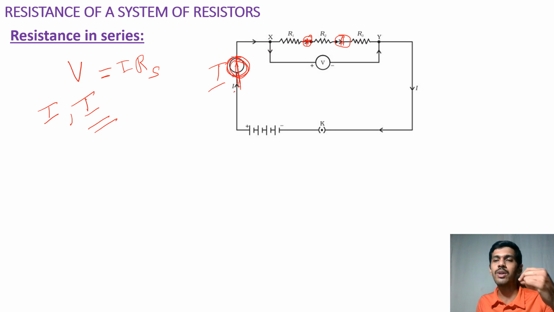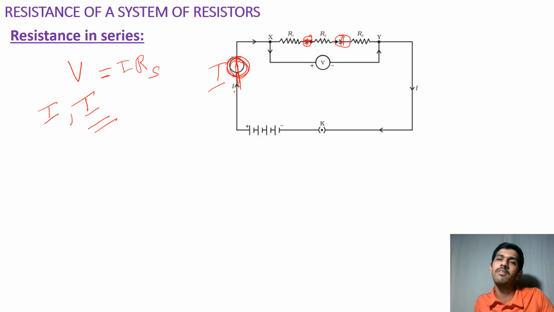What we can conclude is that even if I keep the ammeter anywhere, I will get the value of current, that is I only. Whatever current I was obtaining here, the same current was flowing everywhere.